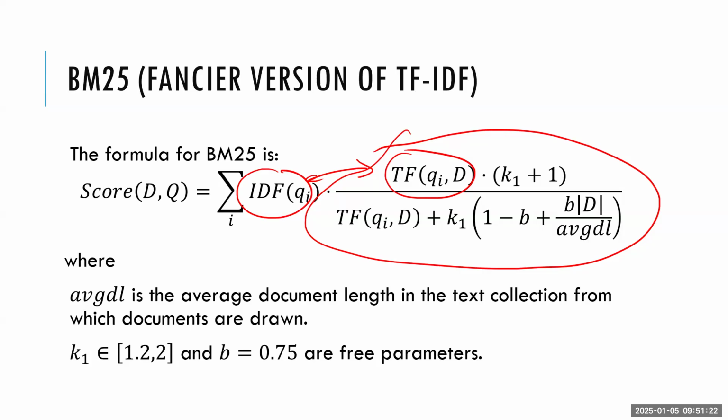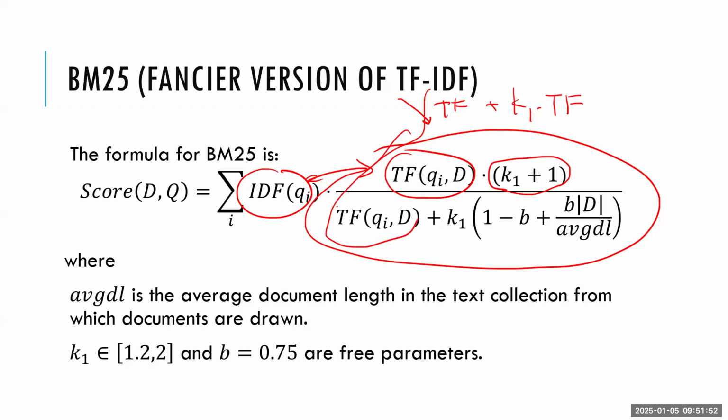How can we explain the new equation for the TF side? On the top, basically, what you have is TF plus K1 times TF, with K1 plus 1.